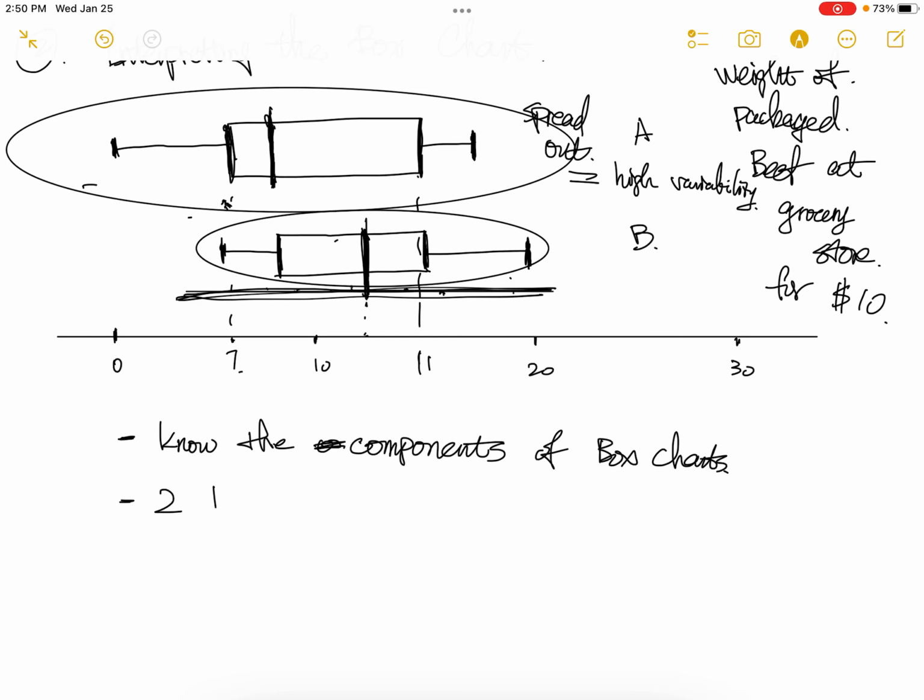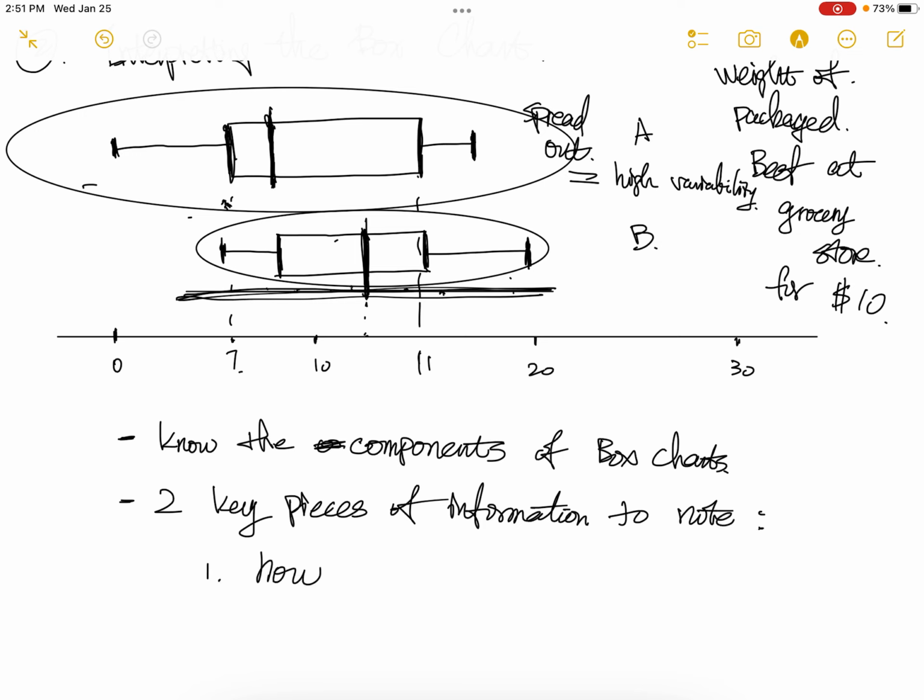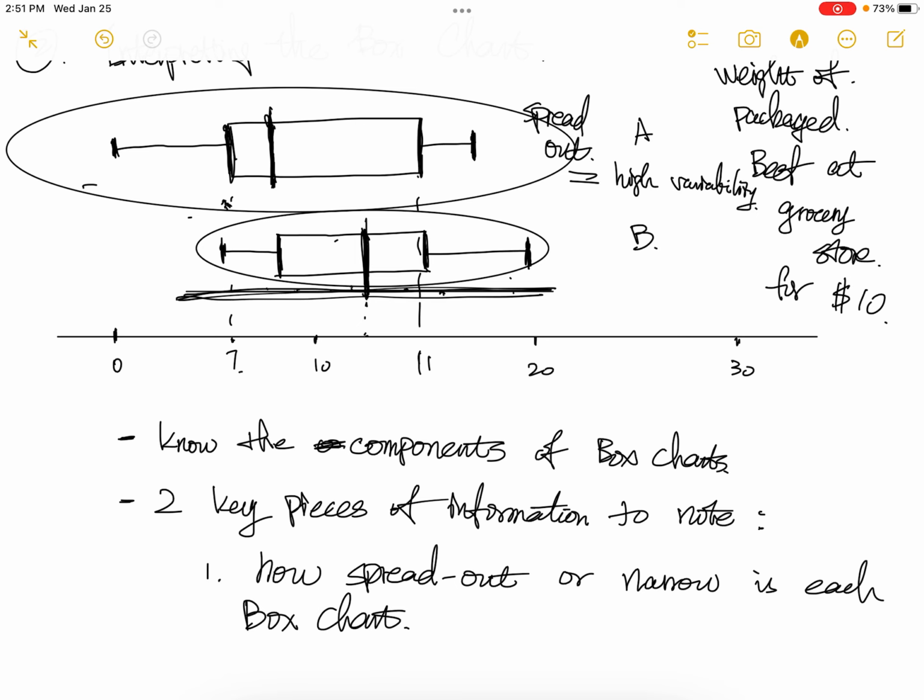So there are two key pieces of information to note. The first one, how spread out or narrow is each box chart, right?